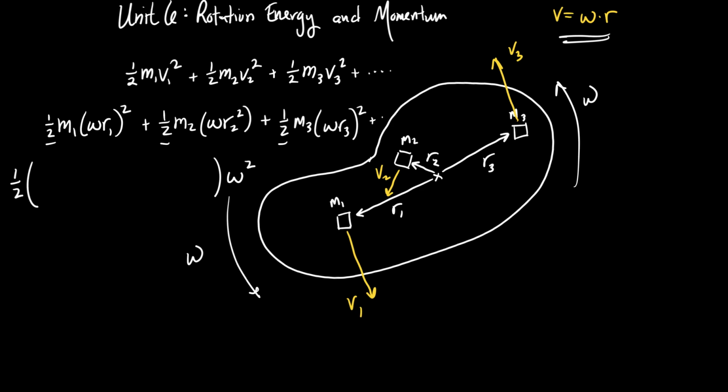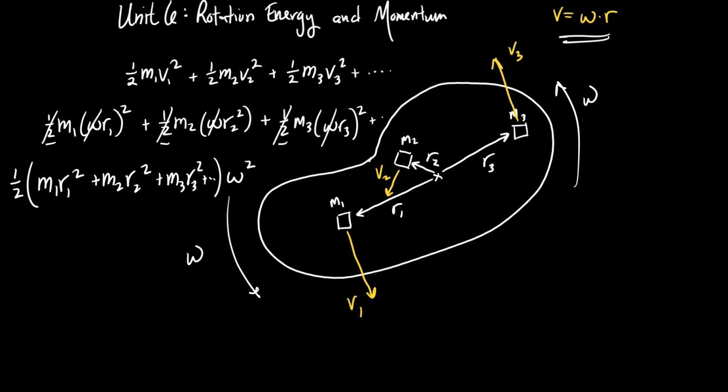Now, look what's left. I take away the 1/2, I take away the omega, I have m1 r1 squared. Take away the 1/2, take away the omega, I have m2 r2 squared. Take away the 1/2, take away the omega, I have m3 r3 squared.